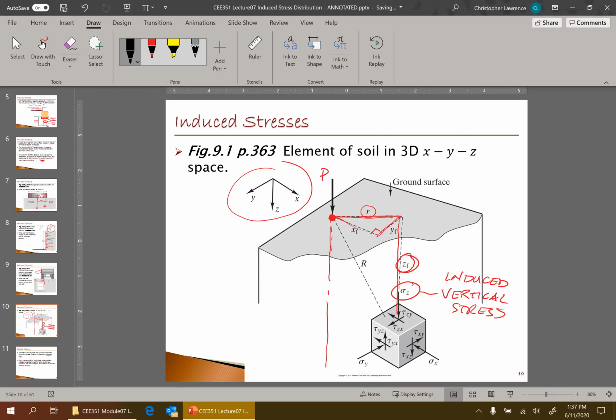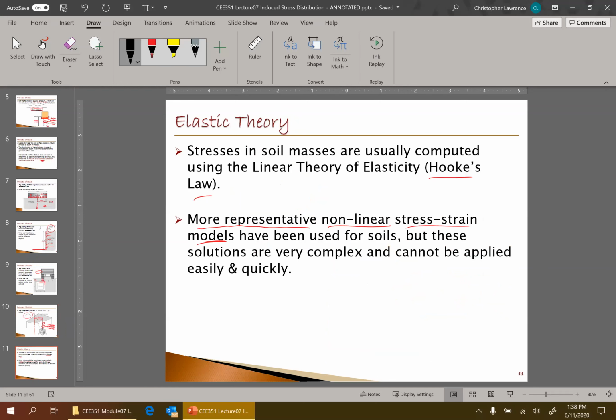Again, this is the point of interest, the one single point where we're trying to determine the stress, right, and the change in stress. There's also the shear stresses here, and we're ignoring all that. For right now, we're only focusing on the vertical total stress, so sigma sub z. And what is the change in that, or what is the vertical total stress that's induced by this point load in this diagram, or by some other kind of localized load?